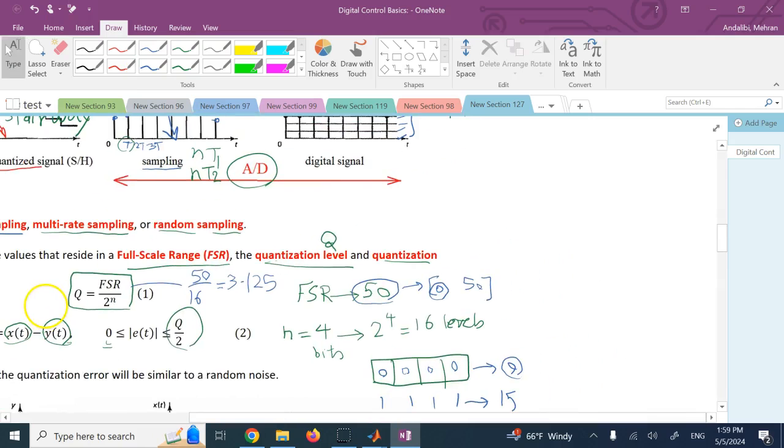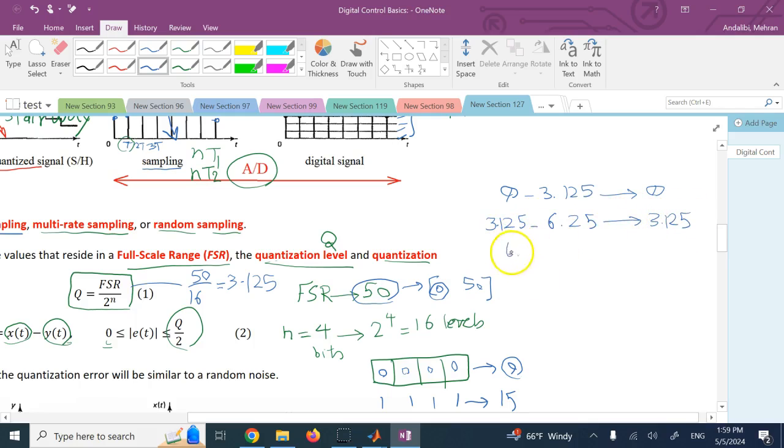So now what? Now if you have any number that is 0 to this number, so any number between 0 to 3.125 should be assigned to 0. Let's say any number between 3.125 to 2 times that, which is like 6.25, that should be stored to, let's say, this level, for instance.